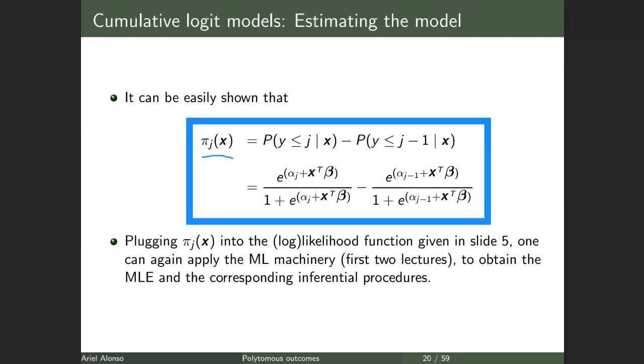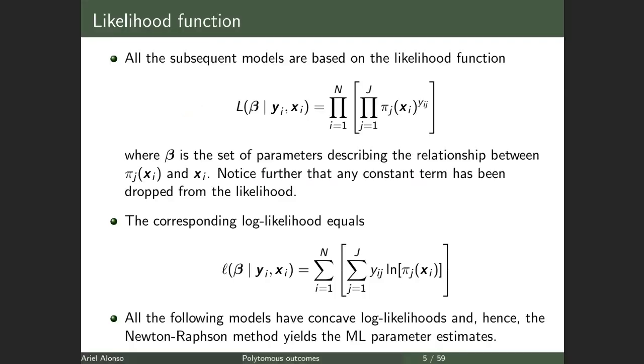Well, the only thing you need to do is go back to the likelihood we saw before on slide 5. You plug these probabilities into the log likelihood, or the likelihood, it is the same. Now you have the beta parameters and the alpha J parameters included. And then you can apply again all the machinery of maximum likelihood to get the parameter estimates.